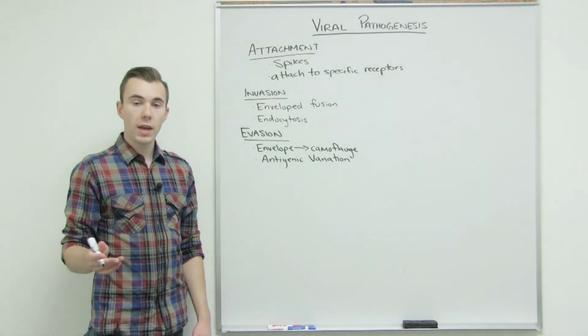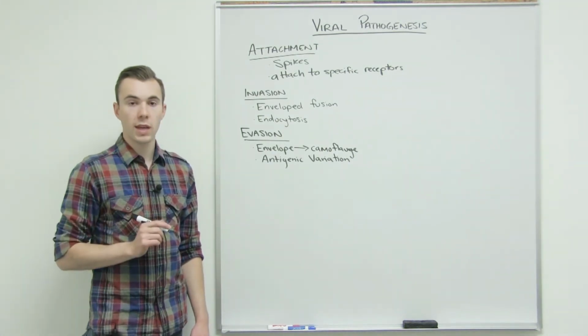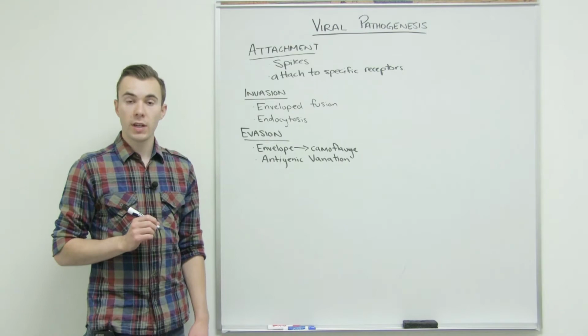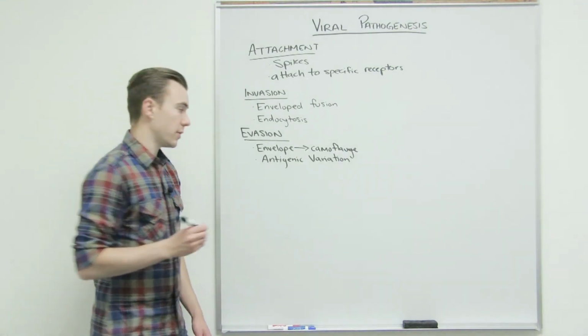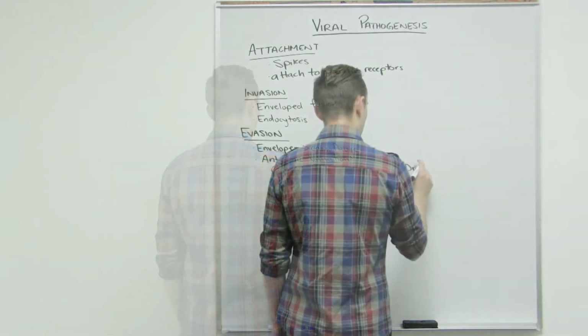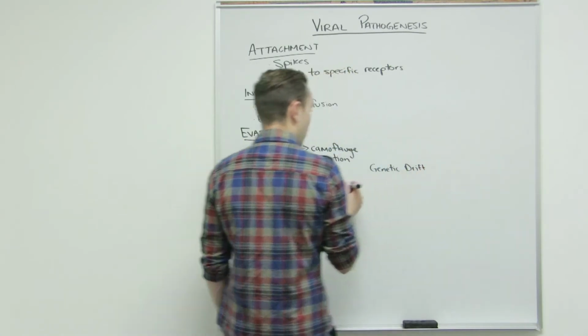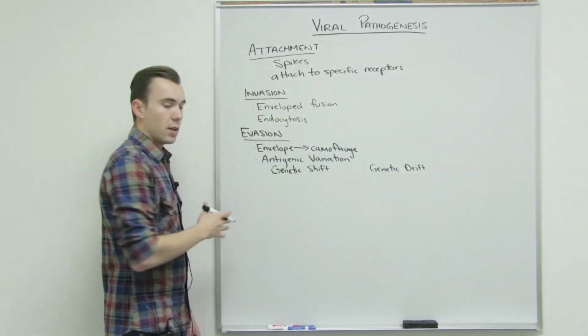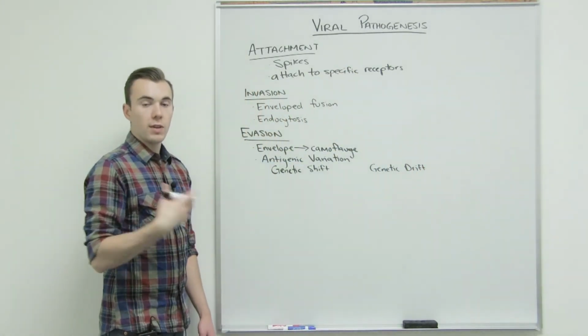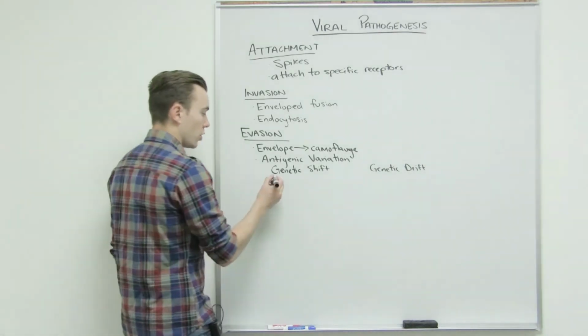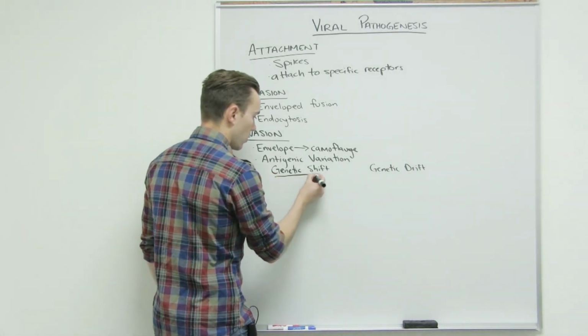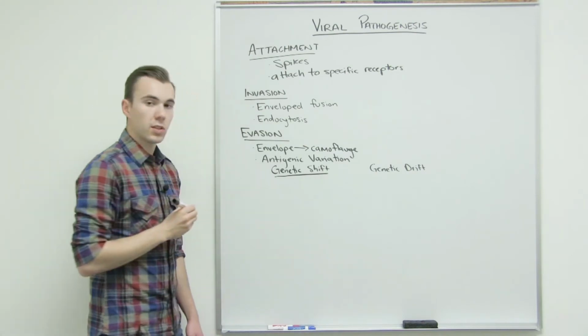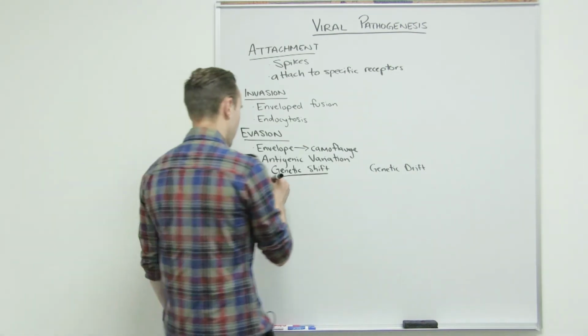However, with viruses, we're going to have two different terms that are associated with antigenic variation. That is genetic shift and genetic drift. So genetic shift, when you think you're shifting, you're moving somewhere quickly. So genetic shift is going to be a quick change, and this is also known as genetic reassortment.